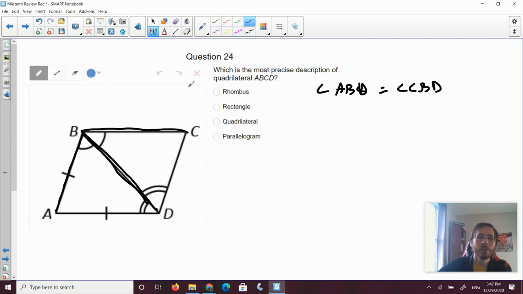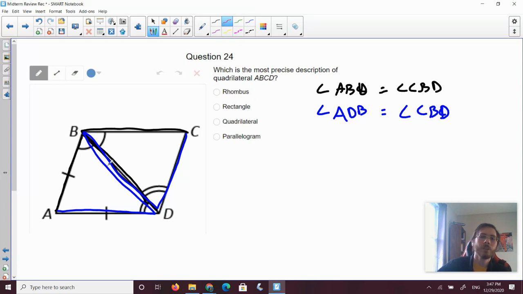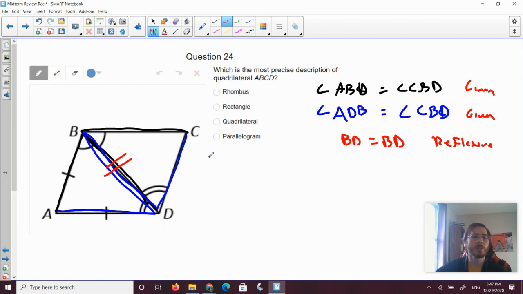We're also told ADB and CDB are the same. But we also have a shared side in the middle here. So BD and BD are the same. That's a reflexive. These ones up here are both given. Probably should have written that earlier, but that's okay.